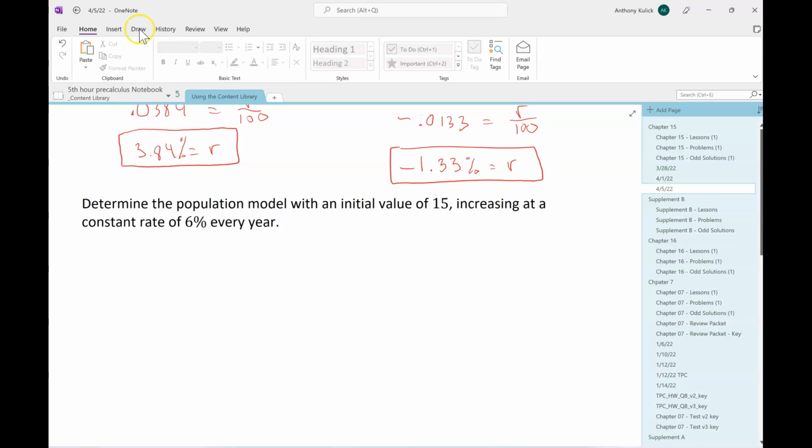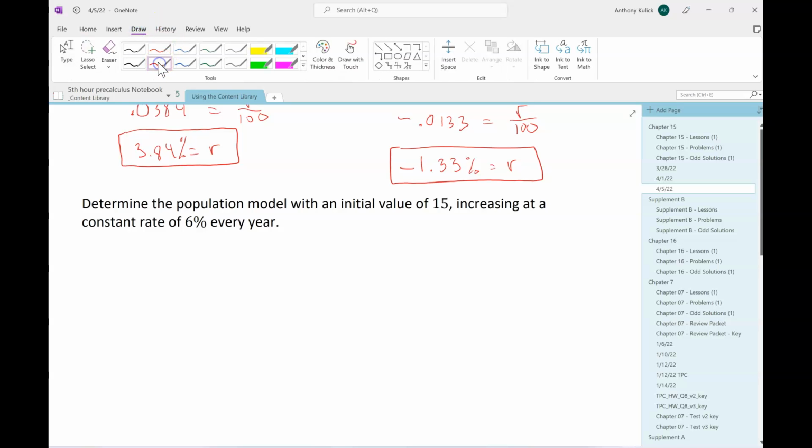So we begin with P of t equals P naught times the quantity 1 plus r over 100 to the t.